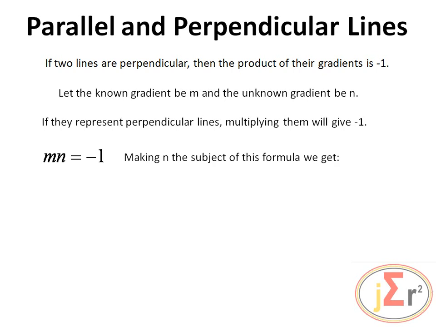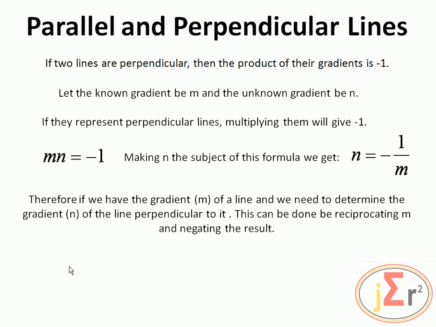So making n the unknown, the subject of the formula, what will we get? Right. So m is multiplied by n, so it is going to be divided on the other side. So n is equal to negative 1 over m. Therefore, if we have the gradient m of a line and we need to determine the gradient n of a line perpendicular to it, this can be done by reciprocating m and negating the result. So we're going to reciprocate m and then we negate the result.